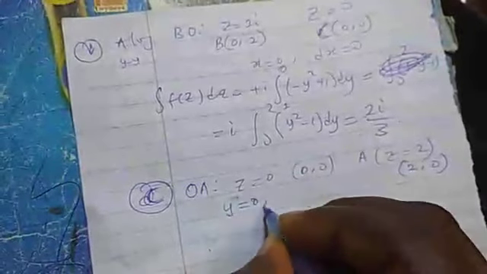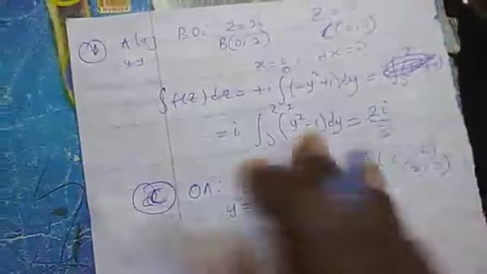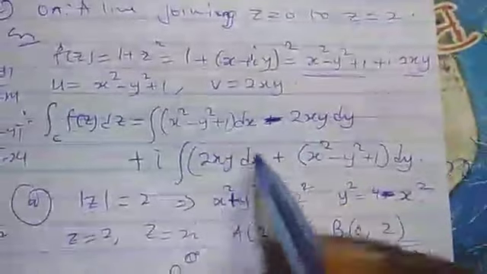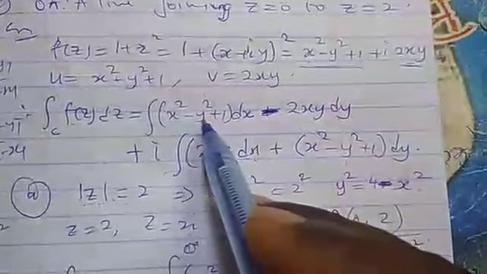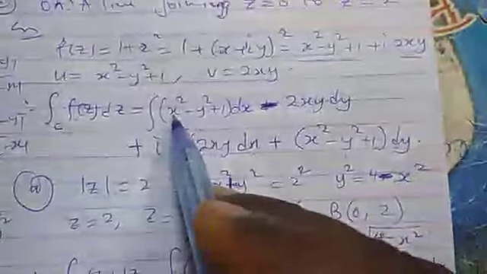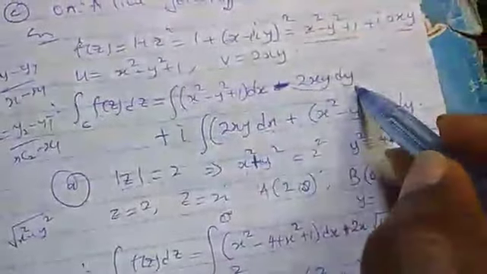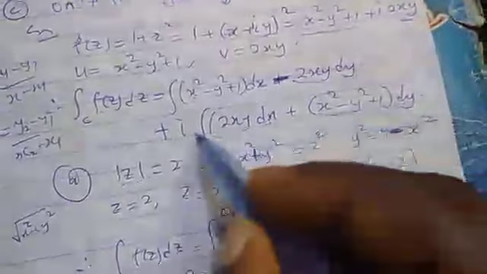So when we apply the equation of the line here, we will see that y is 0, then the y is also equal to 0. Now if you substitute that inside this place, y is 0, it remains s squared plus 1 dx. The whole of this will be gone. What we are going to have left is s squared plus 1.